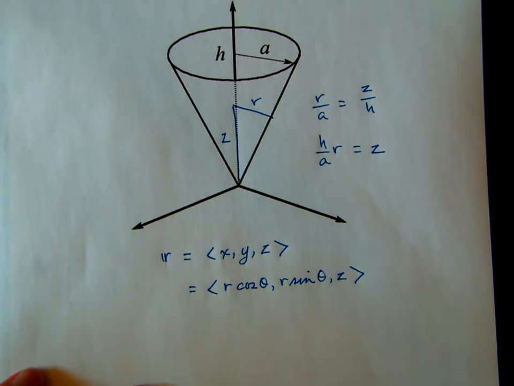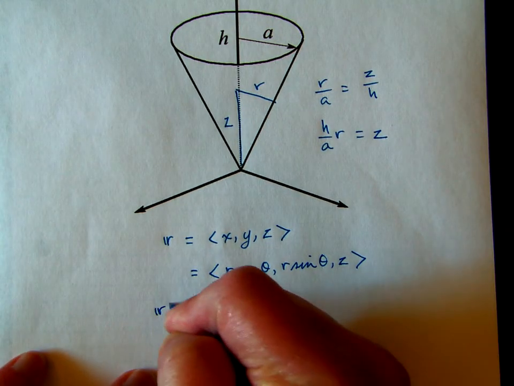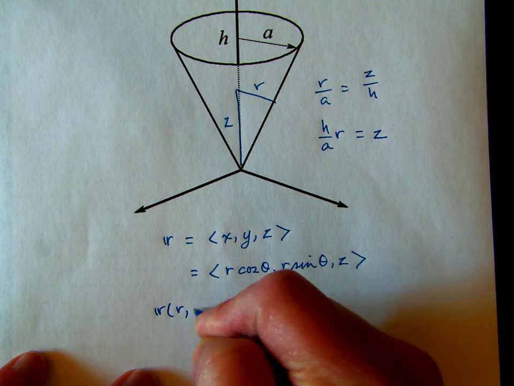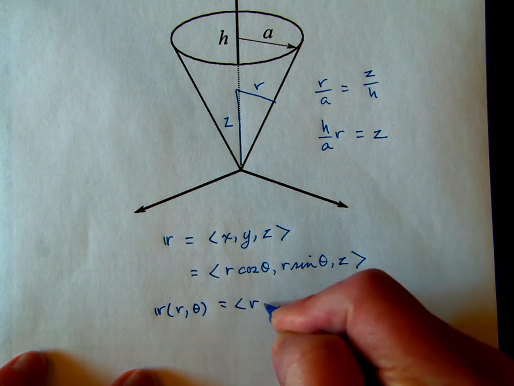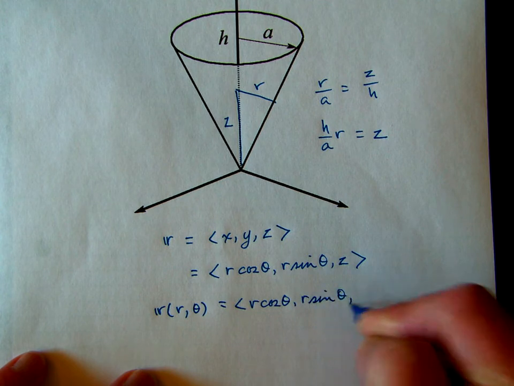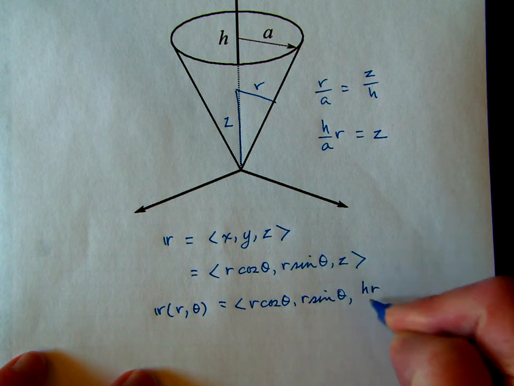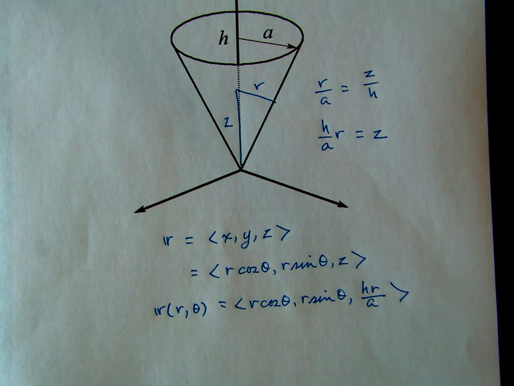But we know something interesting about z. We can write this as r of r and theta: r cosine theta, r sine theta, h times r over a.